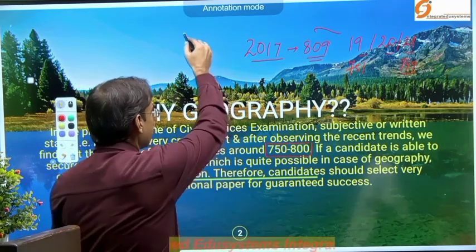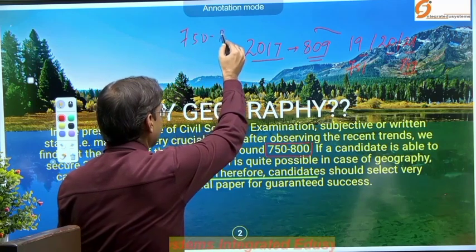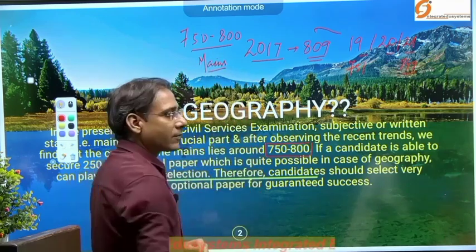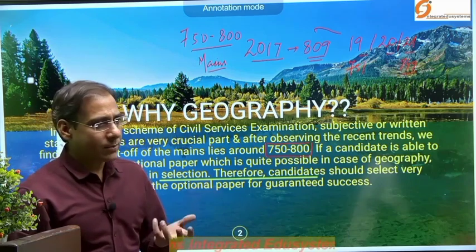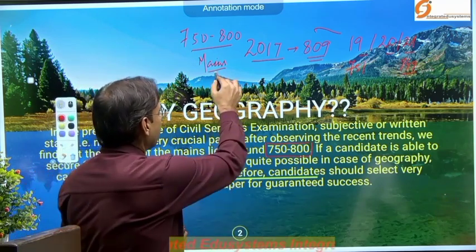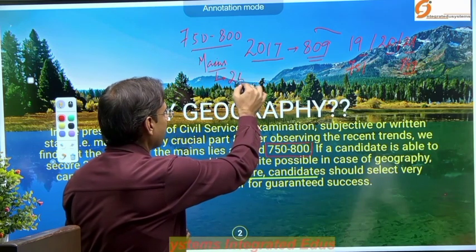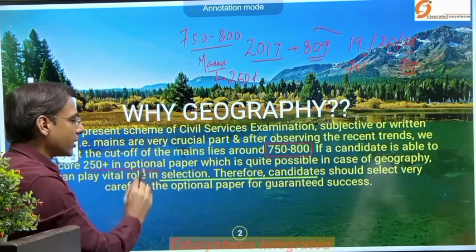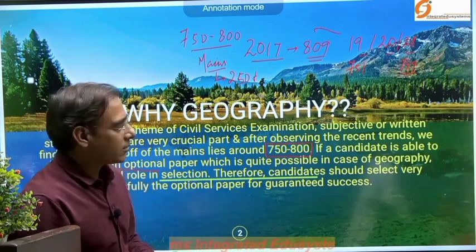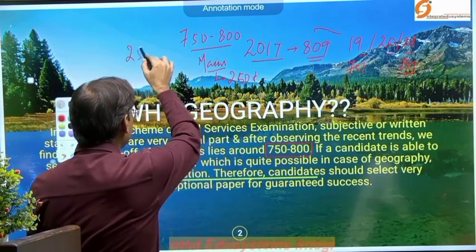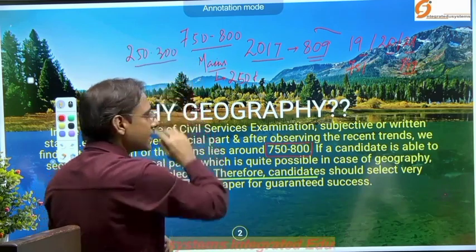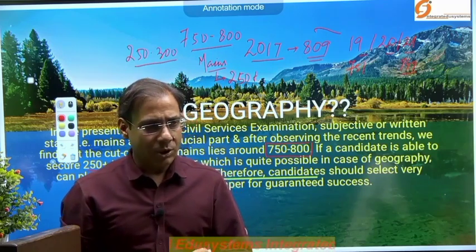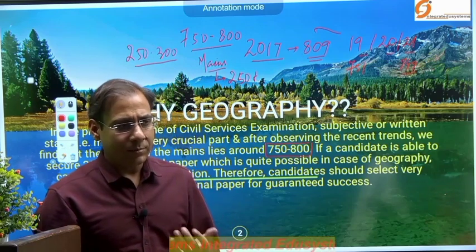And out of this average cutoff of 750 to 800 in the mains, if an aspirant scores 250 plus marks in the optional, somewhere between 250 and 300, that is a decent score, and definitely after gaining that decent score, you can clear the mains.